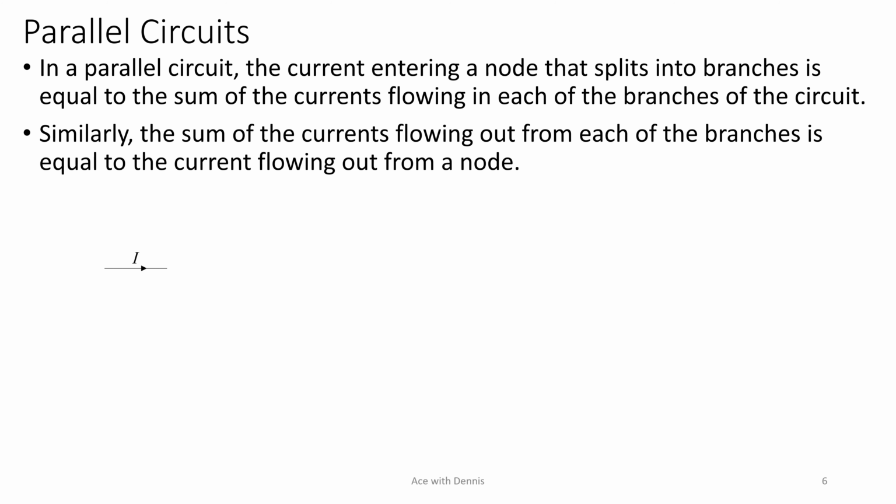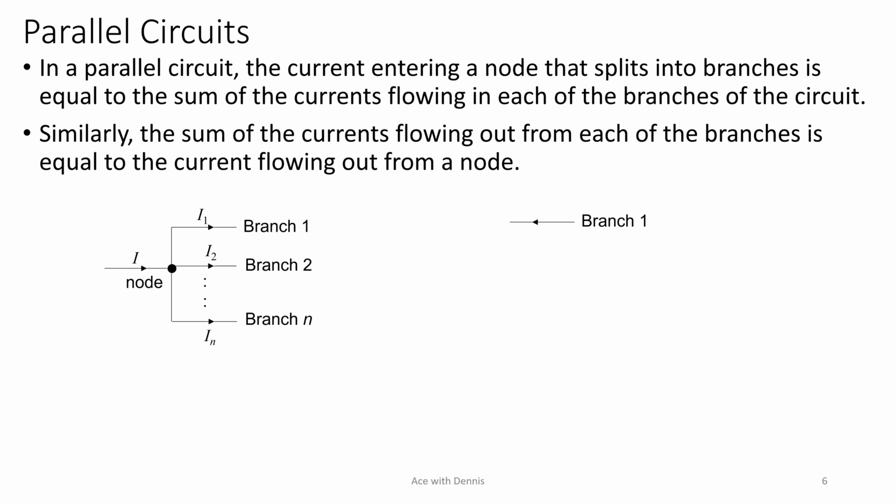So this is I, and this point is the node. It is split into branch 1, branch 2, and up to branch n. So each branch has a current flowing. Let's say the first branch is I1, the second branch is I2, up to branch n, which is In.